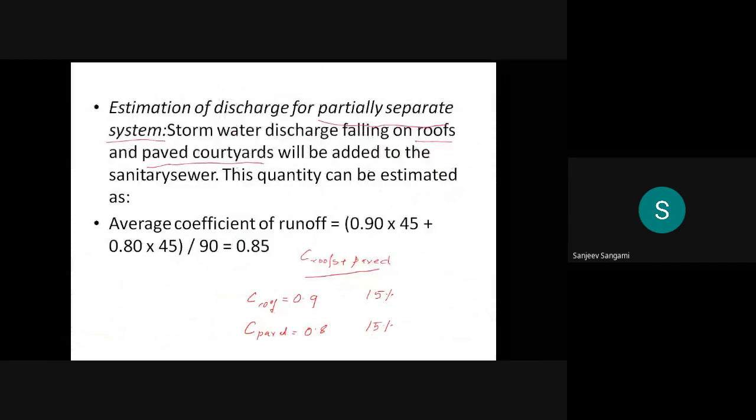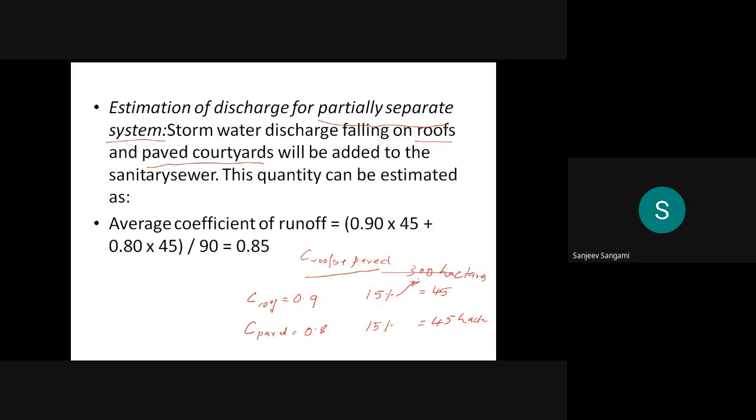Now, the total area is 300 hectares. So then 15% of this 300 hectares is 45 hectares. If you calculate it, you will get it.